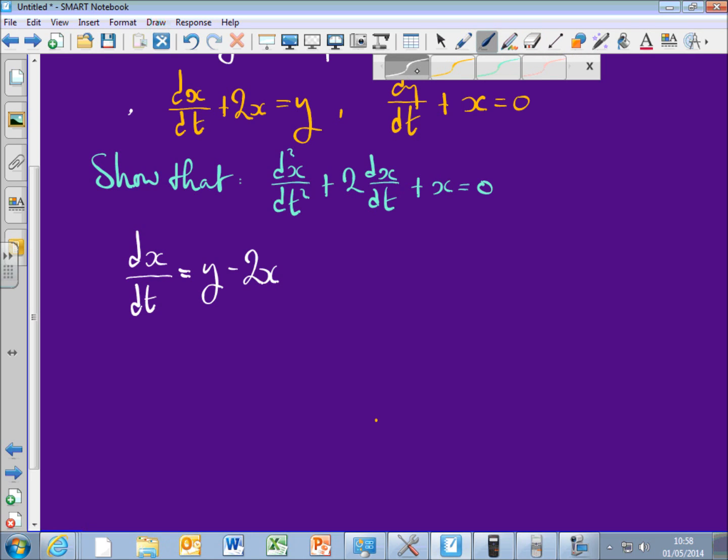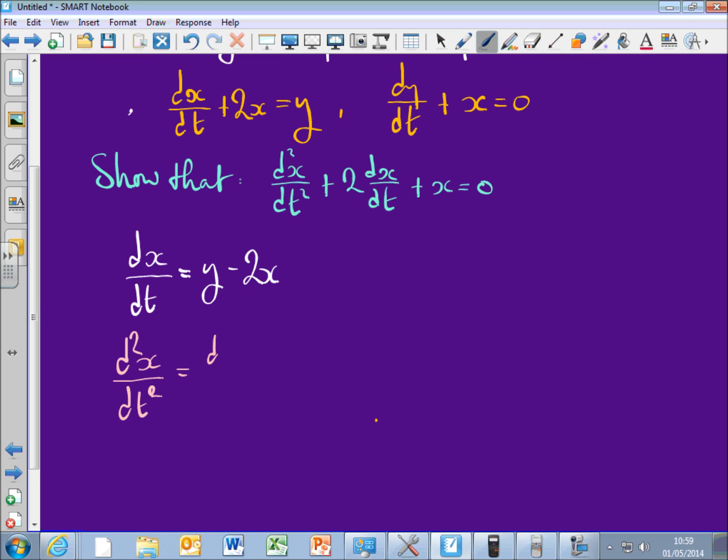How do I do it? So if you differentiate it with respect to t, do you get d2x over dt squared equals dy dt? I'm differentiating this with respect to t, so it's dy dt, right?